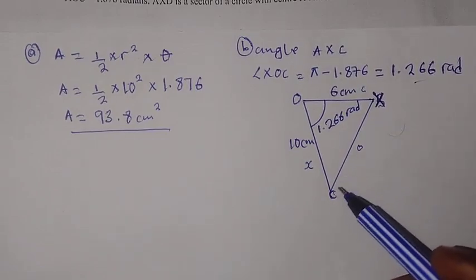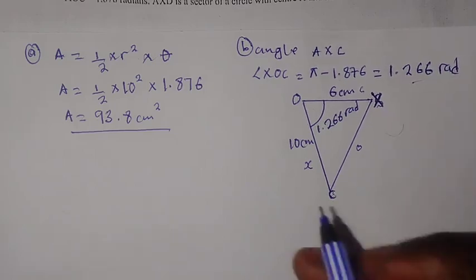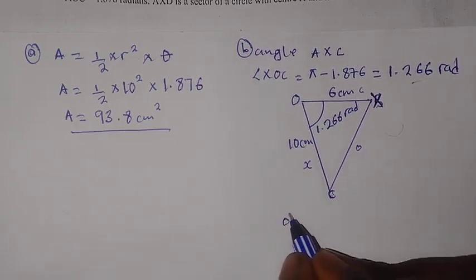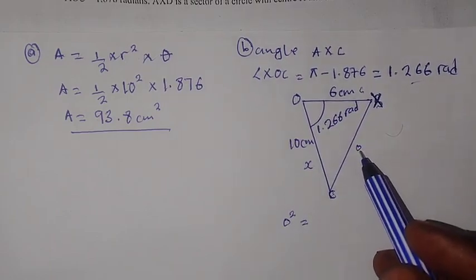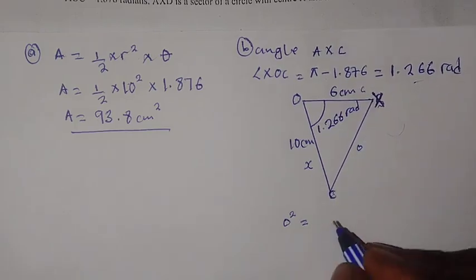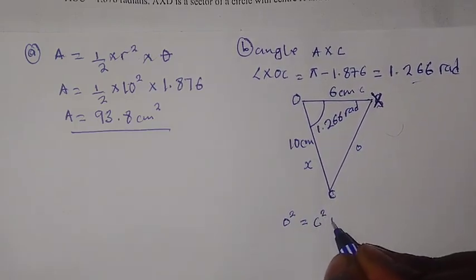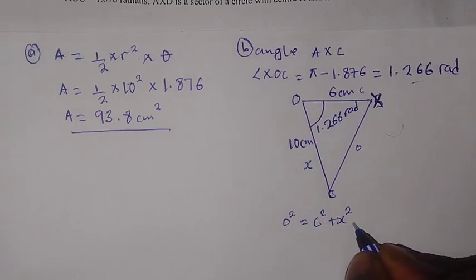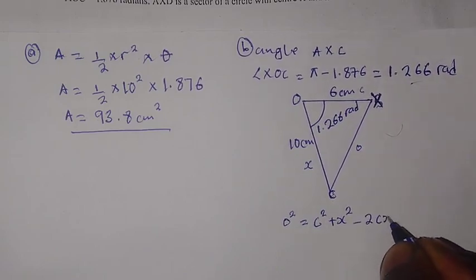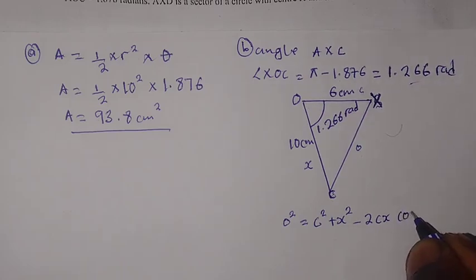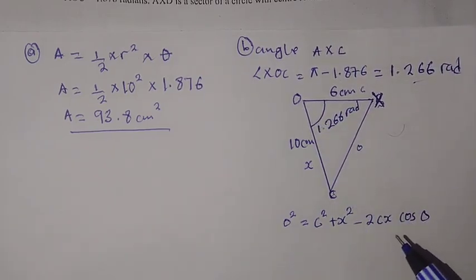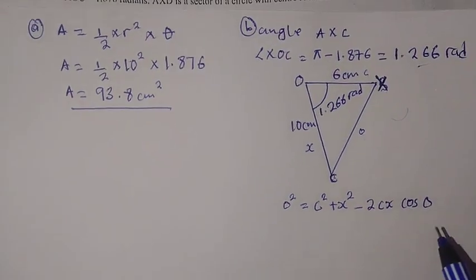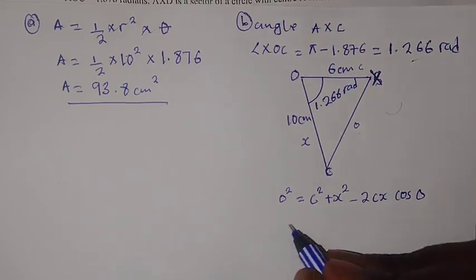We want to find this CX where there is O. So we are going to say o squared is equal to, using c and x, c squared plus x squared minus 2cx cos O, because we are using this angle. Remember, put your calculator in radians. Don't forget that.